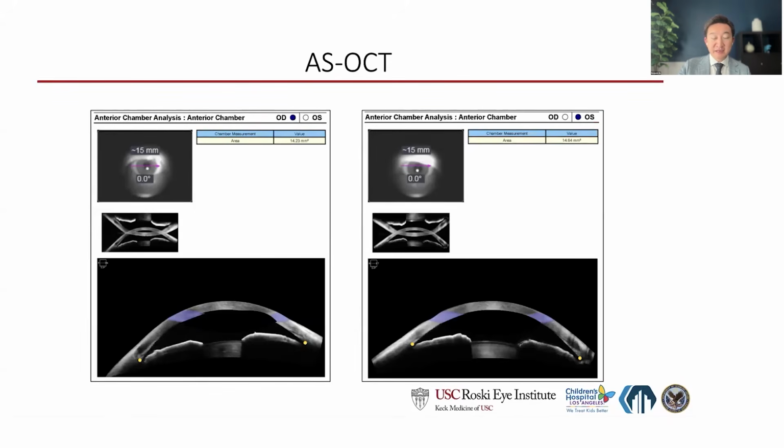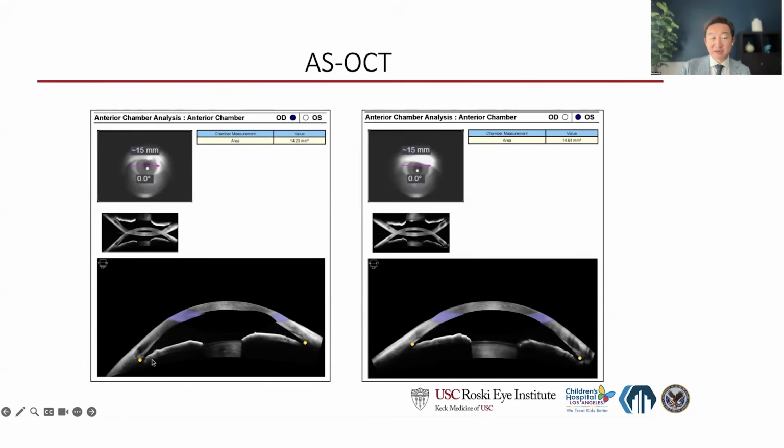You can see the AS-OCT scan of the right eye, which can be seen on the left. I've marked the scleral spurs with the orange circles, and we can see that anterior to this circle, there is no contact between the inner corneal surface where the trabecular meshwork is and the iris.